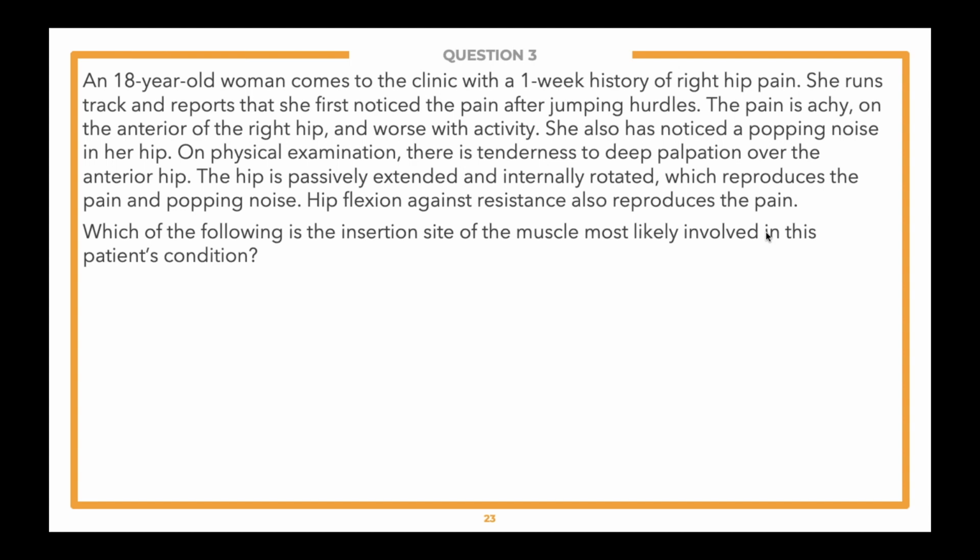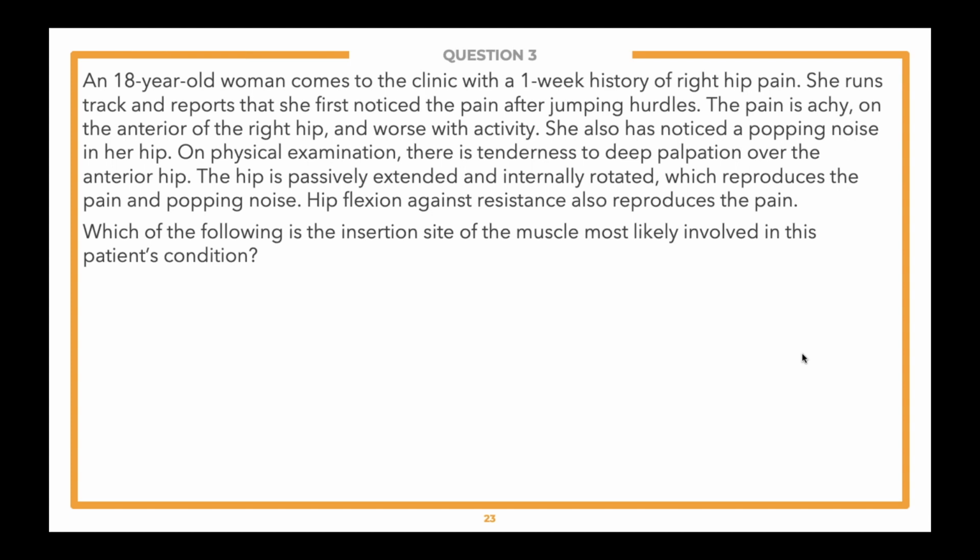All right, I see some responses coming in. Let's take a look at that vignette. An 18-year-old woman comes to the clinic with a 1-week history of right hip pain. She runs track and reports that she first noticed the pain after jumping hurdles. The pain is achy on the anterior of the right hip and worse with activity. She also has noticed a popping noise in her hip.